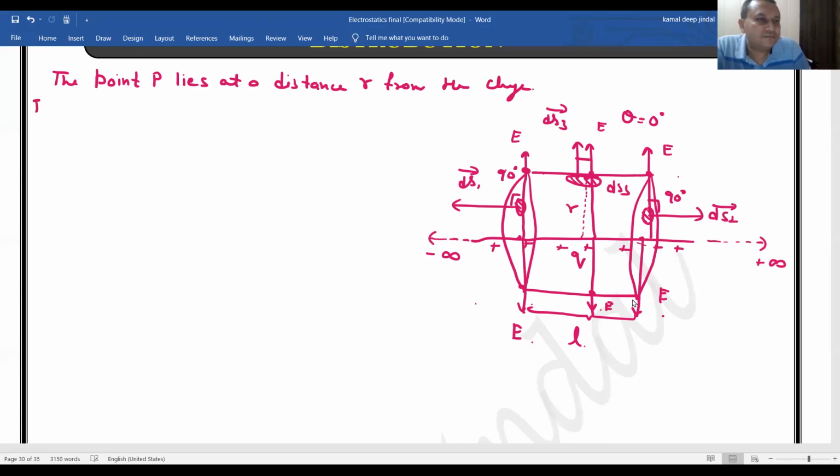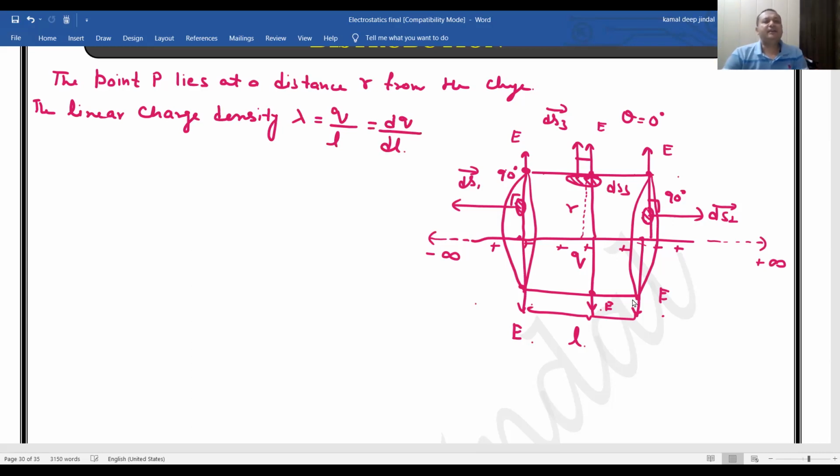The linear charge density lambda equals what? Q by L, or that is equal to dq by dl. I write it as a complementary, it is sufficient. If you write like this, it is sufficient.